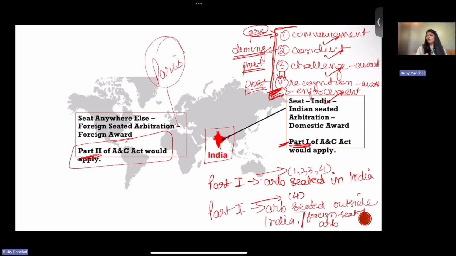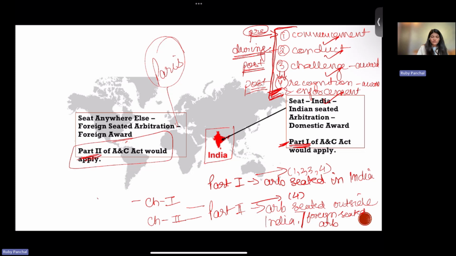So now what does it mean? Our Part 1 would not interfere in this Paris seated arbitration, but Part 2, which we have in the A&C Act, would apply to this Paris seated arbitration. And what is Part 2? Part 2 is essentially ratification by India of two conventions, which is reflected in Chapter 1 and Chapter 2 of Part 2.